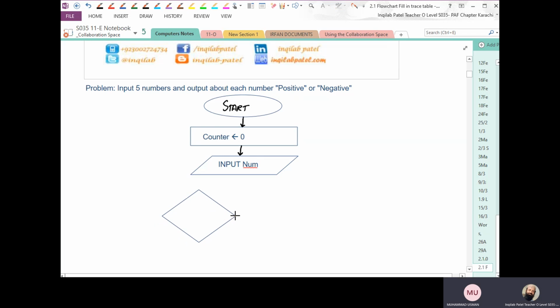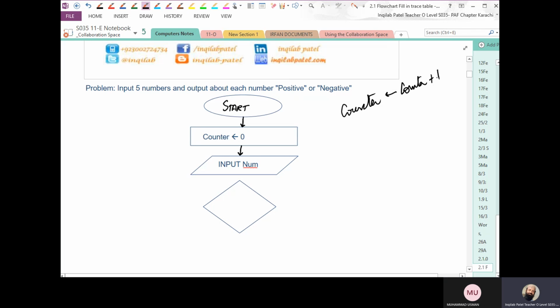If we are not initializing counter, then when we are asked to compare it, check whether it equals 5 or not, or we are asked to add a value, suppose we will use a formula to increment counter. The formula will be counter equals to counter plus 1.